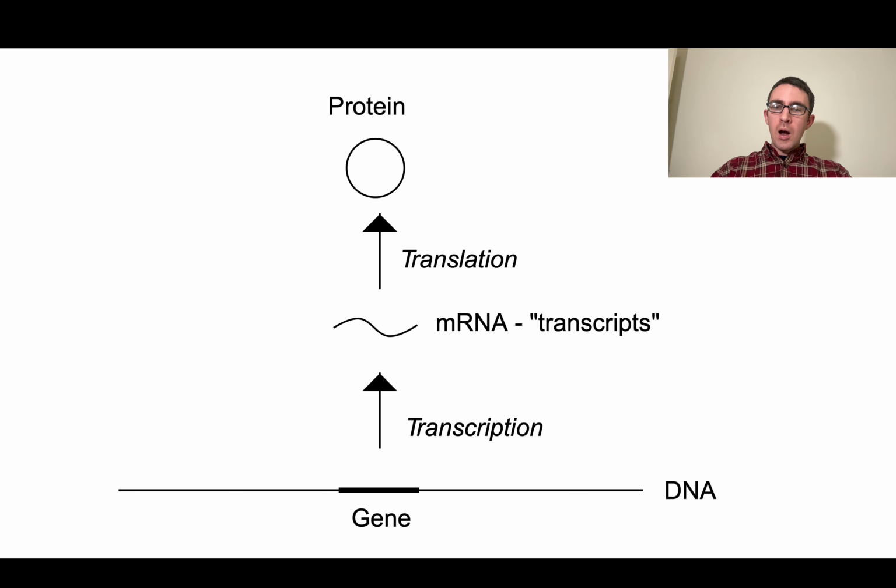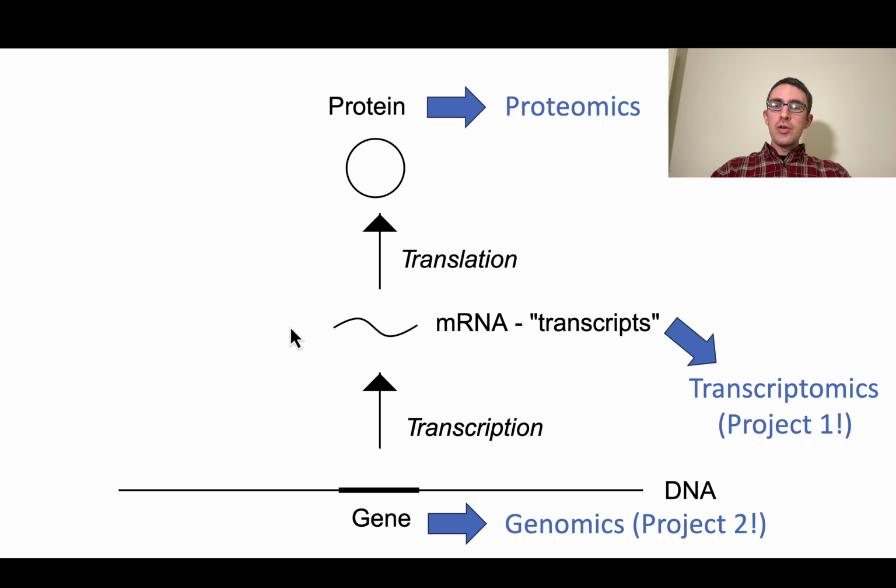And then the second project we're going to do is what's called a genomics project, where, if you guys remember, the omics suffix again just means the big data study of something. So we have proteomics, the big data study of proteins, transcriptomics, the big data study of transcripts or mRNA strands, and then genomics, the big data study of genes or the DNA.